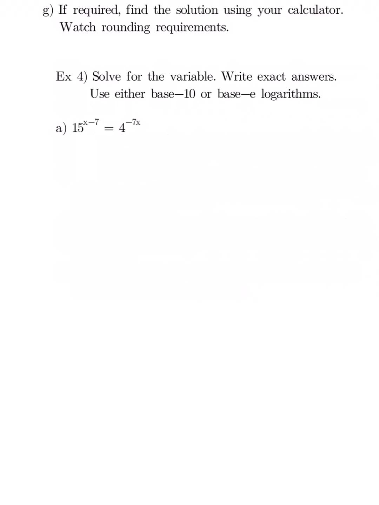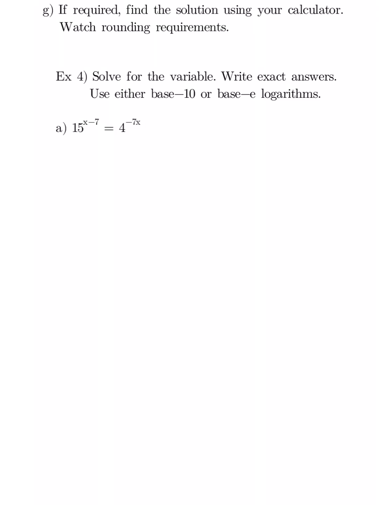The first of these problems that we're going to do, we're going to solve for the variable and write exact answers. That means we are not going to put it into our calculator. You may use either base 10 or base E logarithms, common log or natural logarithms.